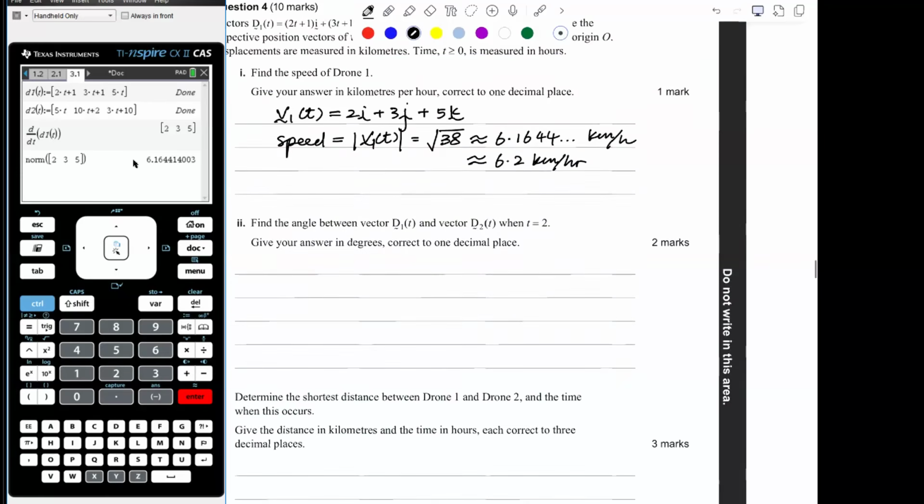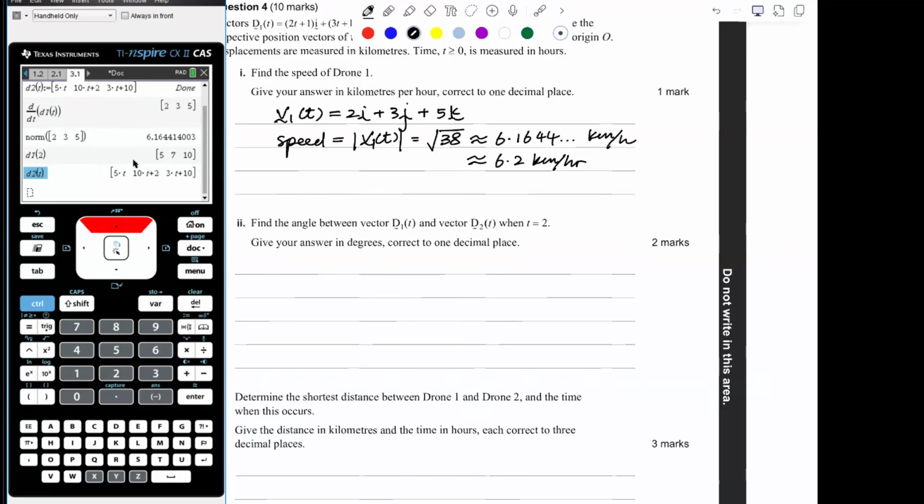And then find the angle between d1 of t and d2 of t at t equals 2. Okay, so d1 of 2 equals 5i plus 7j plus 10k. d2 of 2 is 10i plus 22j plus 16k.